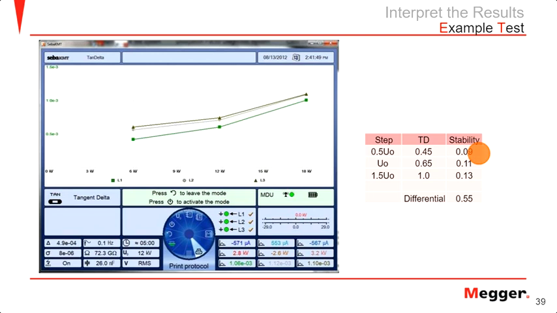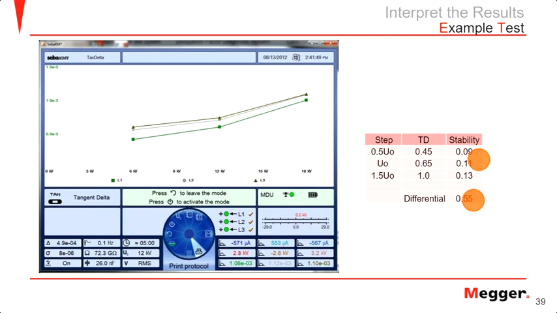Stability suggests how much your readings are changing across your 6 to 10 measurements. If they're jumping around a lot, like on one step I have 3.0, on the other one I have 4.5, then that's not good stability. My reading is jumping around a lot. So that is basically your stability criteria.